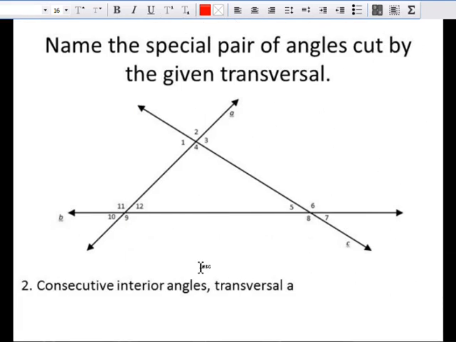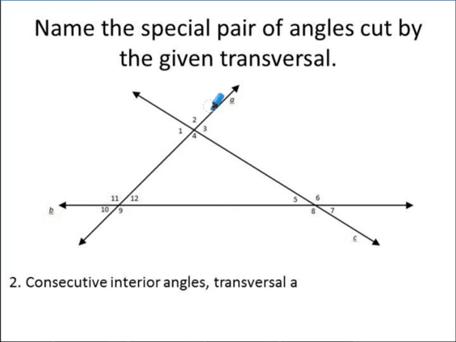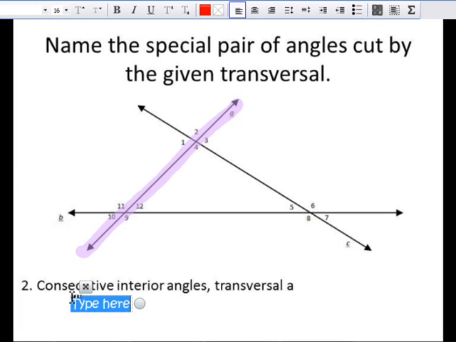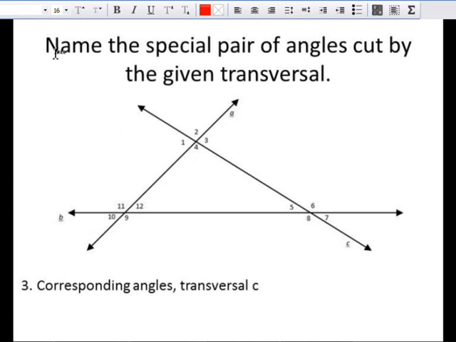Here we have consecutive interior angles when A is the transversal. So let's look at A is the transversal. Consecutive interior is the same as same side interior. So if A is the transversal, we have 4 and 12. And we also have 1 and 11. Those are our choices there. And you don't have to have both. Just naming one is plenty.